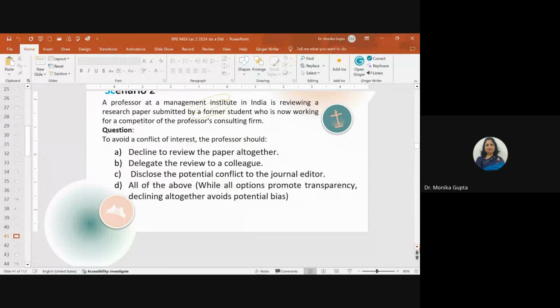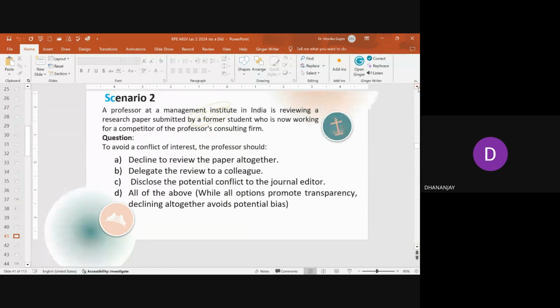Decline to review, delegate, disclose, or all of this. As a safe practice, it should be done by somebody else, so delegate the review to somebody else. Maybe all of the above. Anything else?